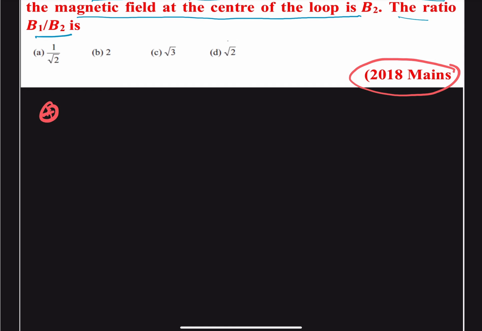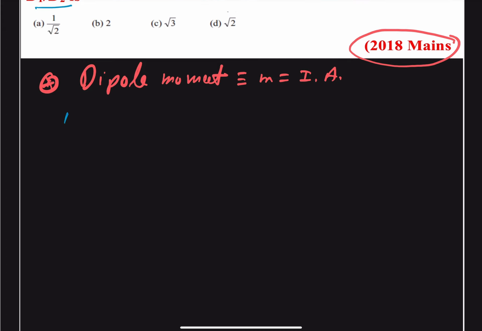So we know the relationship, or we can say formula, that our dipole moment, which is given as M, is equal to current and area. A is the area of the loop, which comes as pi r square, where r is our radius.